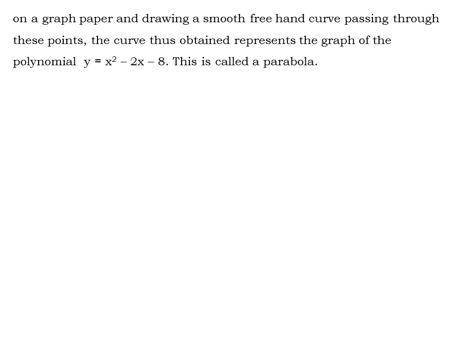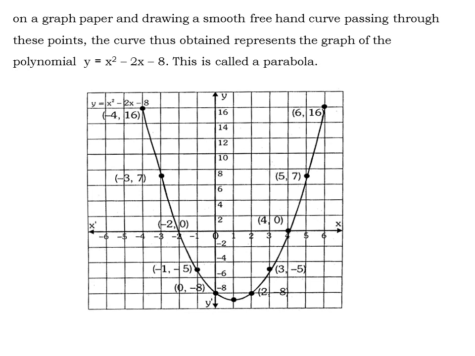We can see this kind of graph after plotting it on graph paper. Now you can say it is a U-shaped graph and it is called a parabola. What we have observed is that the given parabola intersects the x-axis at 2 points: one is 4, 0 and the other is minus 2, 0.